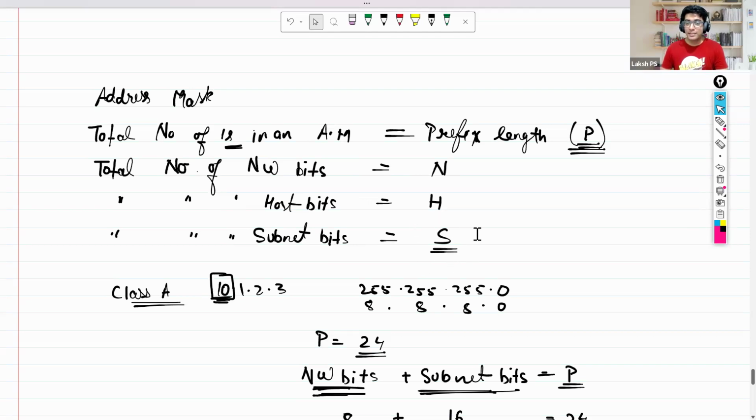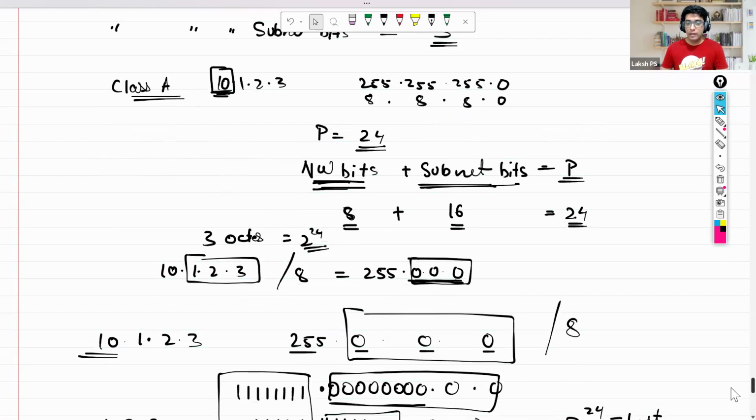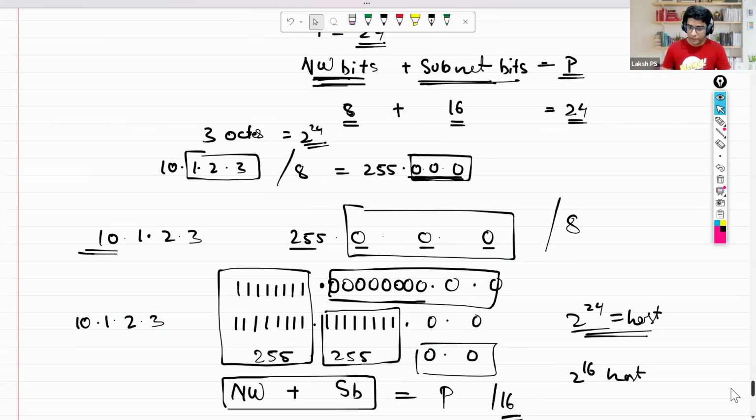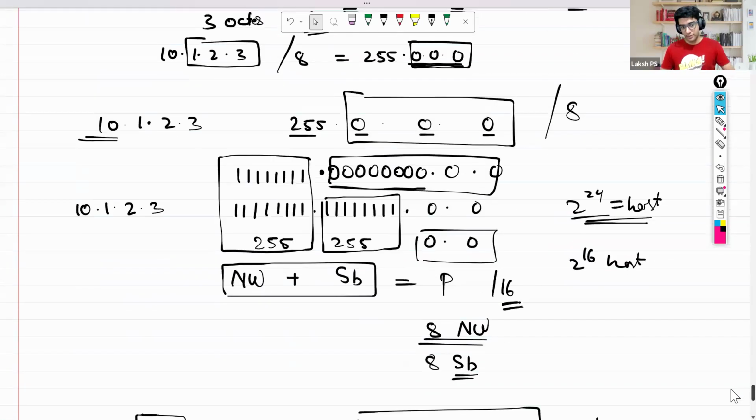Now, what is this subnet? We understood what a subnet is. The zeros in the address mask which are changed into ones are the subnet bits. This is what we learned in our previous sections, right? So whatever zeros are in the address mask, you convert them into ones, and those bits are called subnet bits.